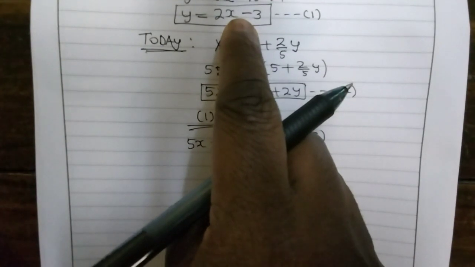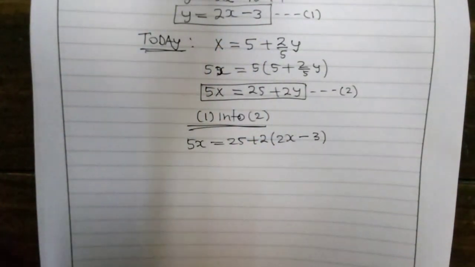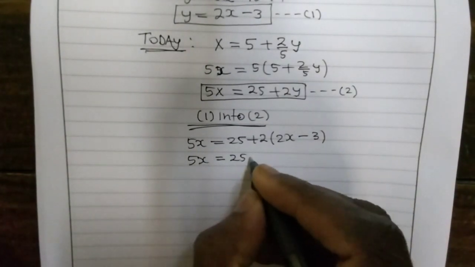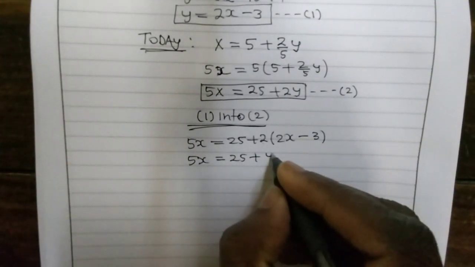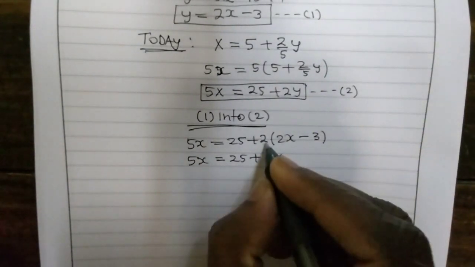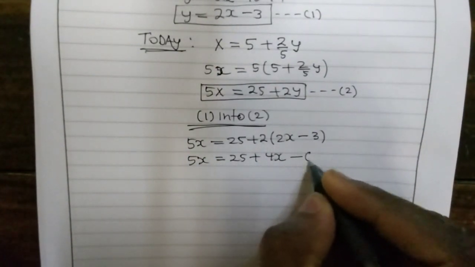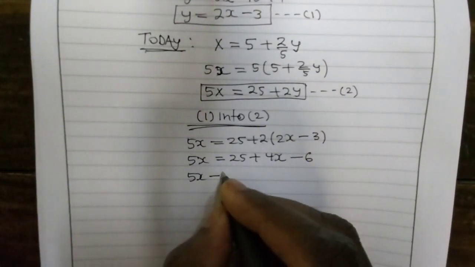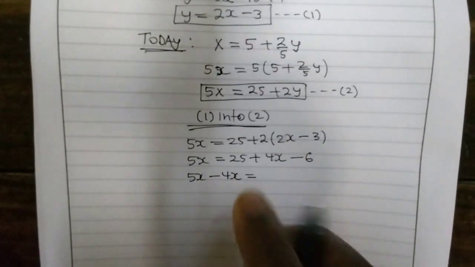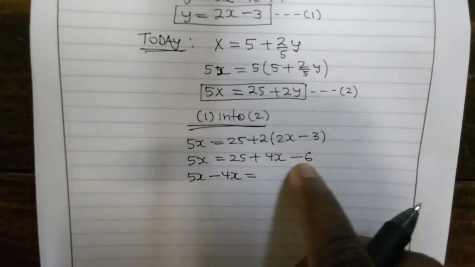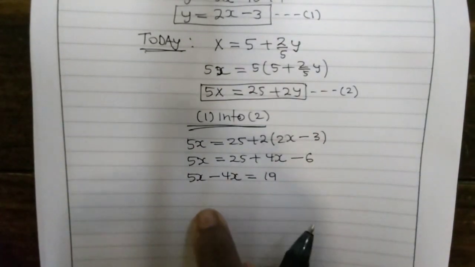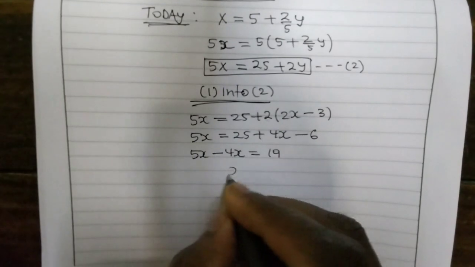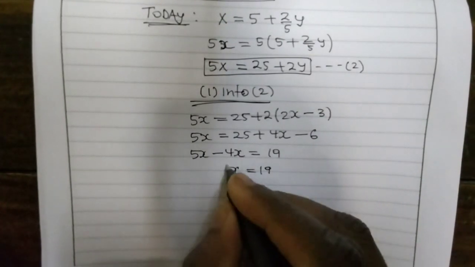So I'm going to have 5X equal to 25 plus 2 times 2X, this is 4X, then 2 times minus 3, this is minus 6. So I'm going to have 5X minus 4X equal to 25 minus 6, this is 19. Then 5X minus 4X gives us X equals 19.